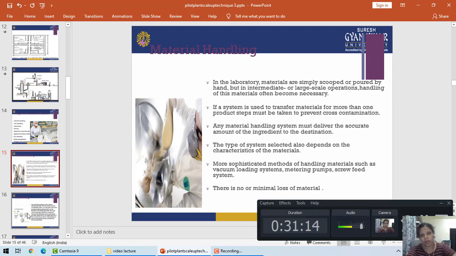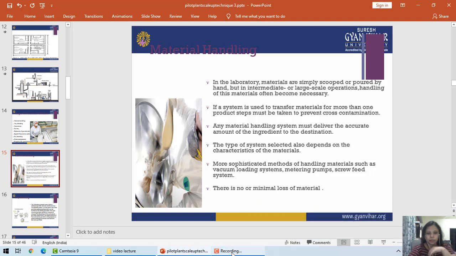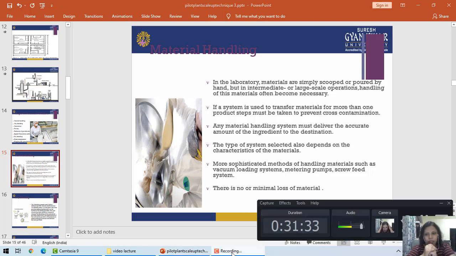So the next is material handling. As we discussed, how the material is transferred from one place to another, how we can use this technique for manufacturing or formulation, comes under material handling. In the laboratory, materials are simply scooped or poured by hand, but in intermediate or large scale operations, handling of the materials often becomes necessary.